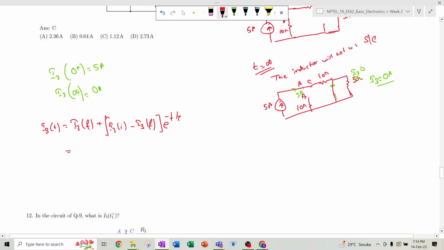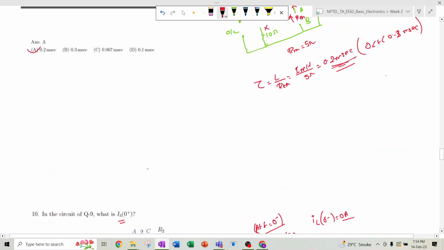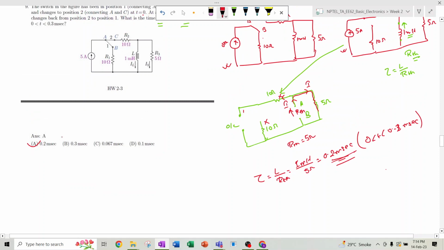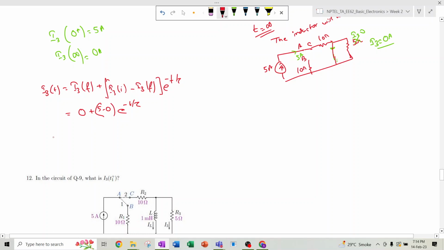So I3 final is 0, plus the initial value 5 minus 0, into e to the power minus t by tau. Now what is the value of tau? We have already discussed it. It is 0.2 millisecond. So here it will be 5 e to the power minus t by 0.2 millisecond.